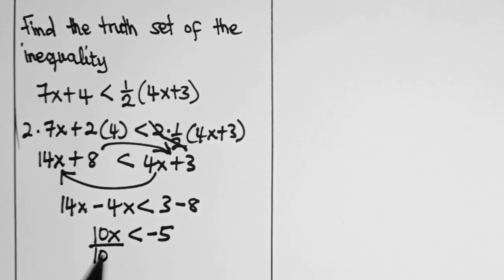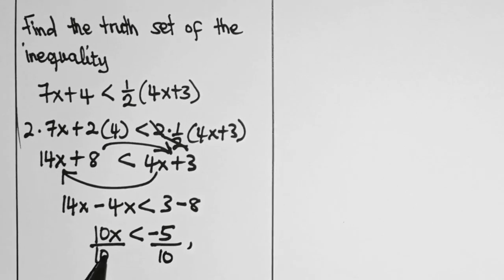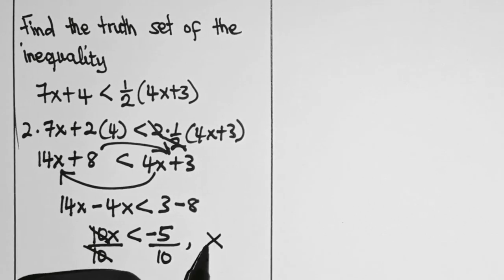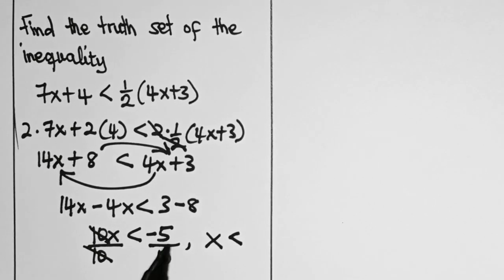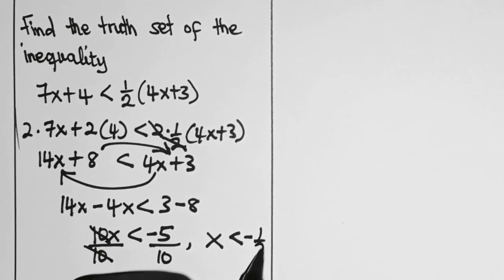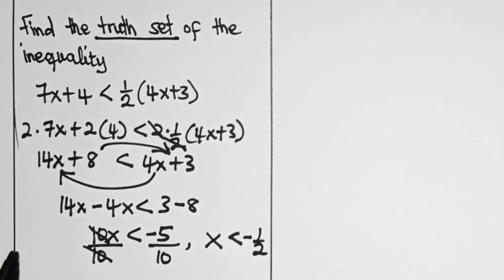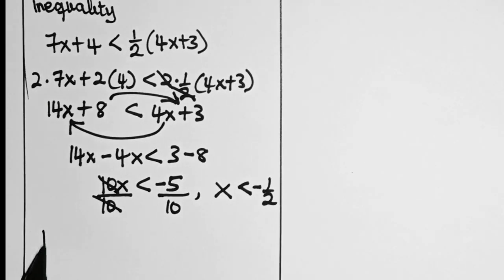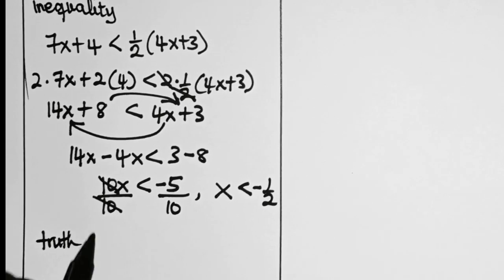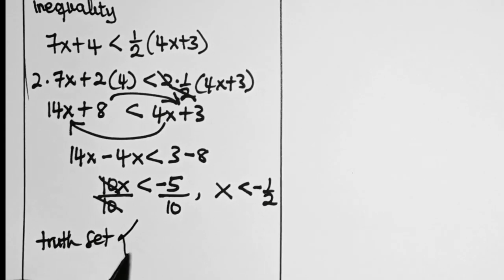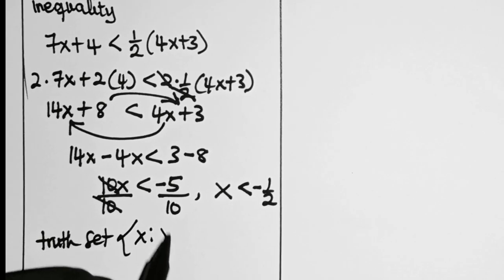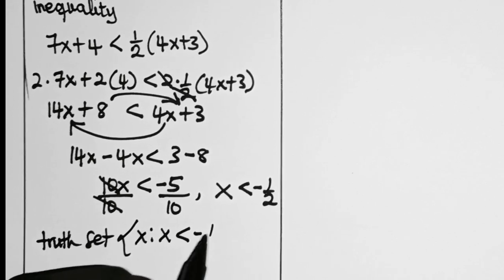So if we divide through by 10, this 10 and this 10 will cancel. So x is less than minus 5 divided by 10 is minus 1 over 2. However, the question says we should find the true set. So the true set is x such that x is less than -1/2.